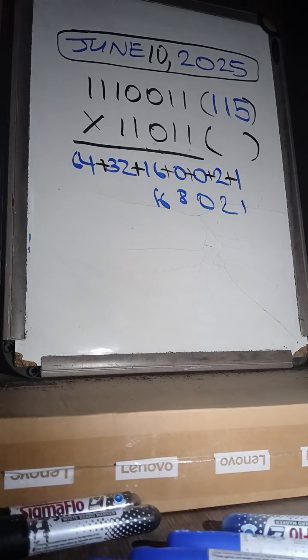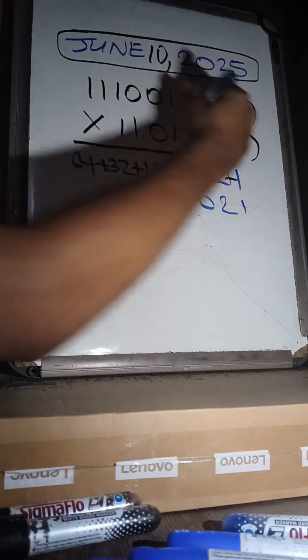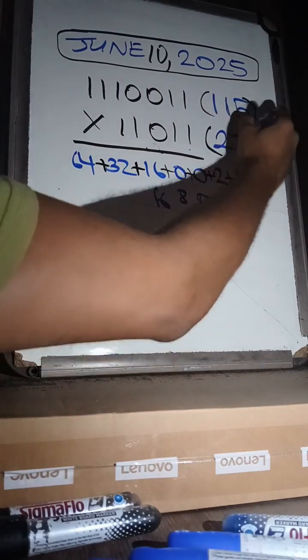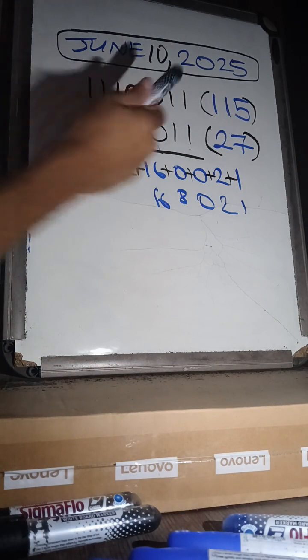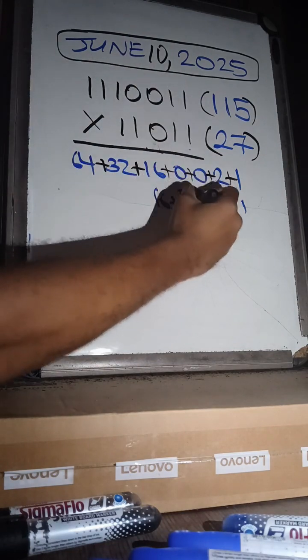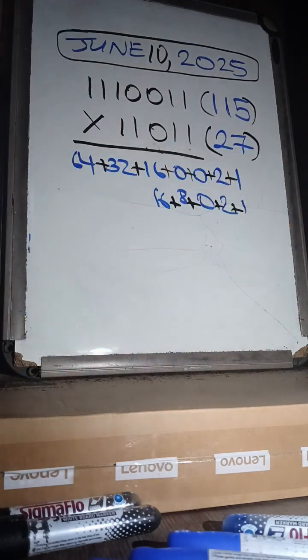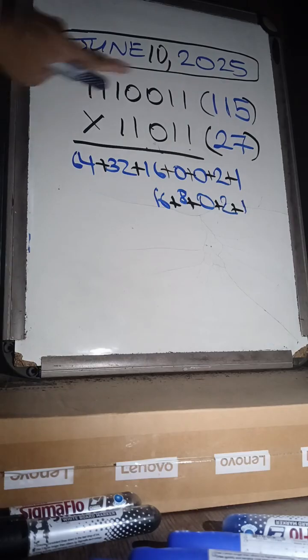So 8 plus 2, 10 plus 16 is 26 plus 1. It's 27. Right. So that's what I would do, right? So therefore, now I know that this is 115, that is 27.